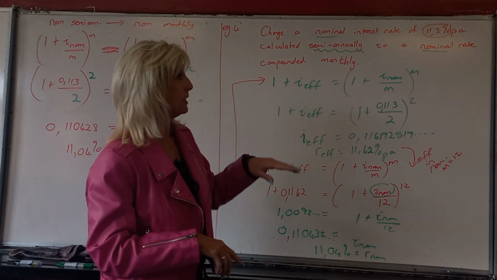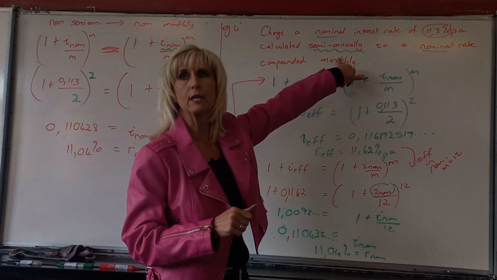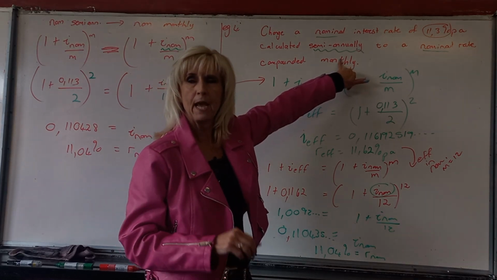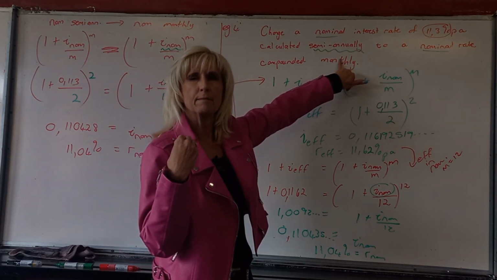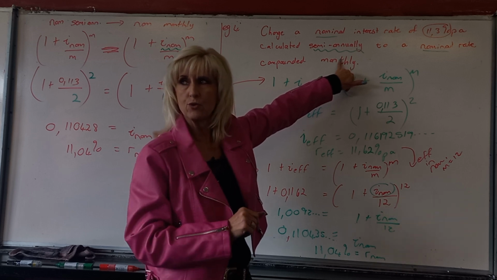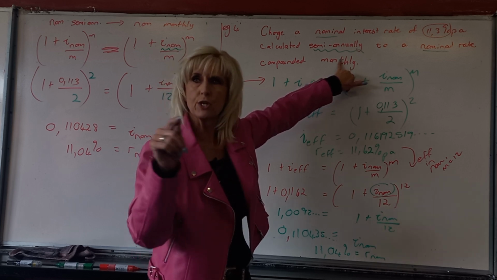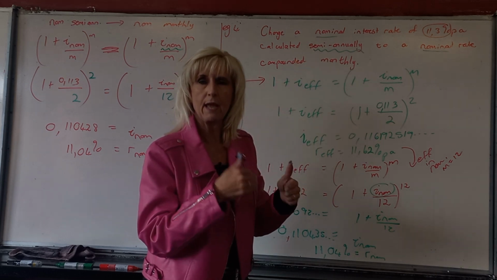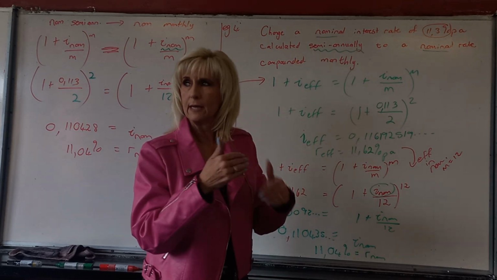So if the bank manager gives you a semi-annually compounded interest rate, but you want to pay them monthly, and you want the time intervals also to be in months, then you're also going to have to change your interest rate into monthly. Everything's going to be in the same interval.